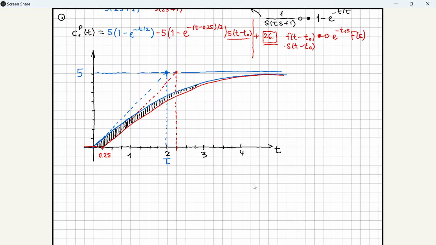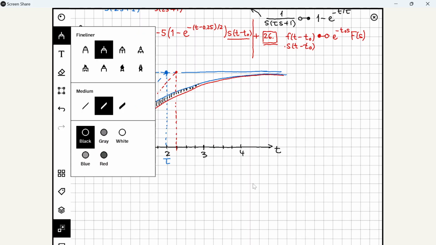Okay. So now we may be interested, what is the maximum value? And that is the value as we increase here at time equals 0.25. So we can figure out what that number is. Or we can also think about it differently, because we can write the red term slightly differently. So let's do that first.